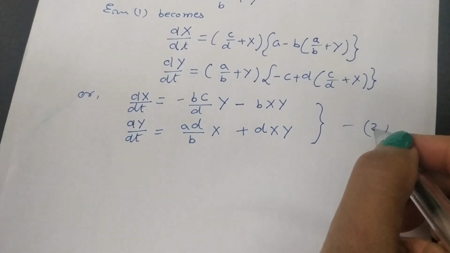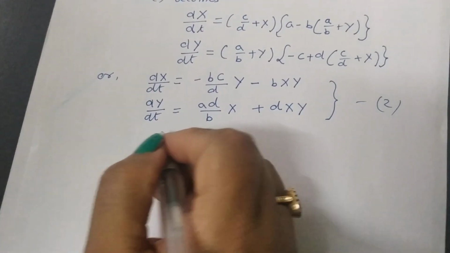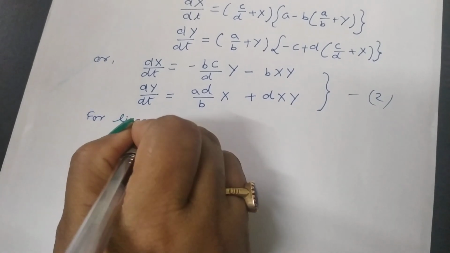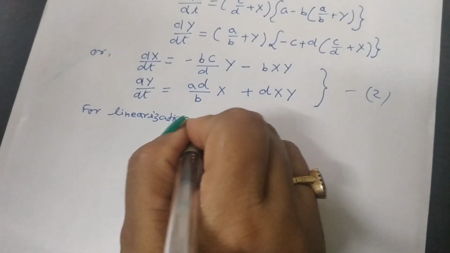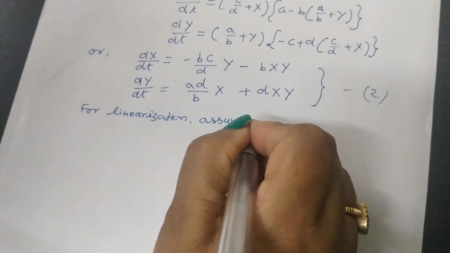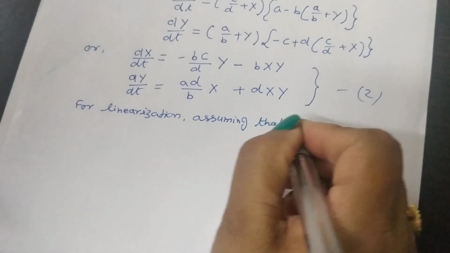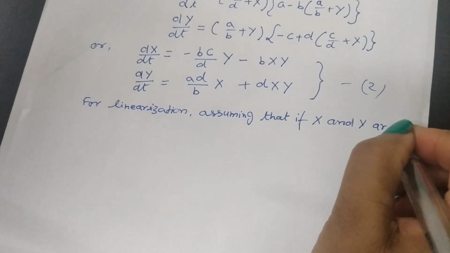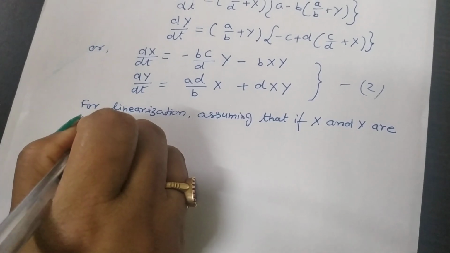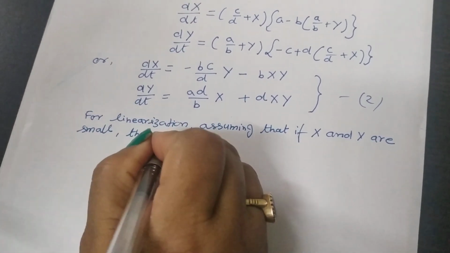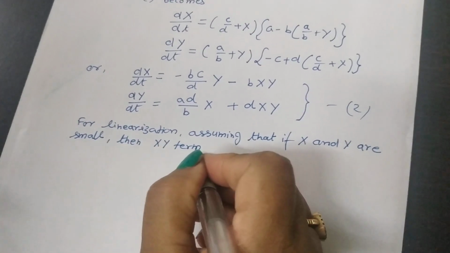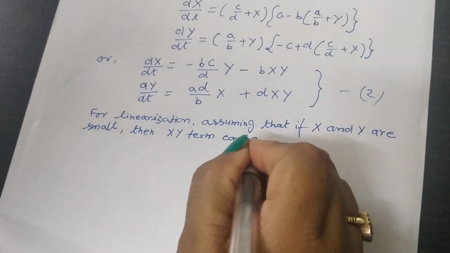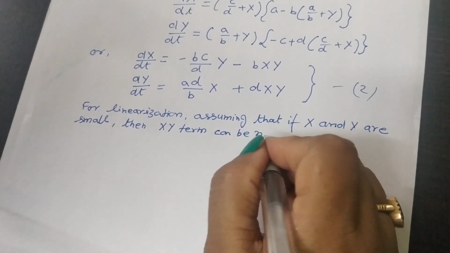Now, for linearization, we assume that if x and y are small, then the xy term can be neglected, can be treated as negligible.